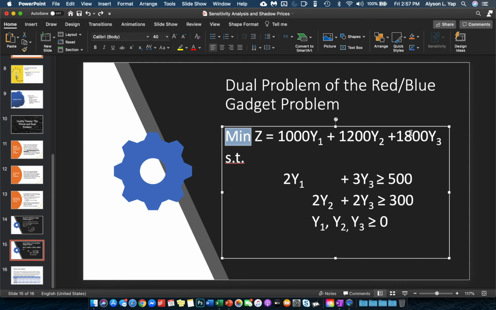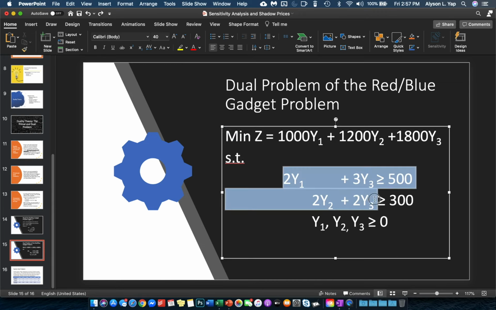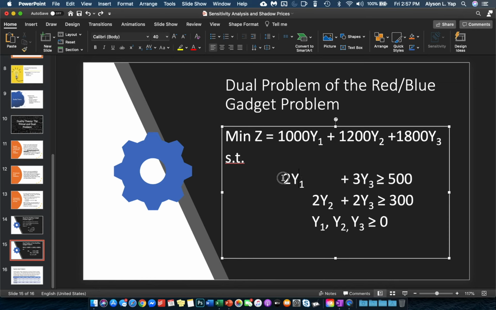However, I cannot set the prices of these input materials to be very, very low because of two particular constraints. Now, remember that every dual constraint pertains to a primal variable. And the first dual constraint pertains to the first primal variable x1, and x1 is the production of red.